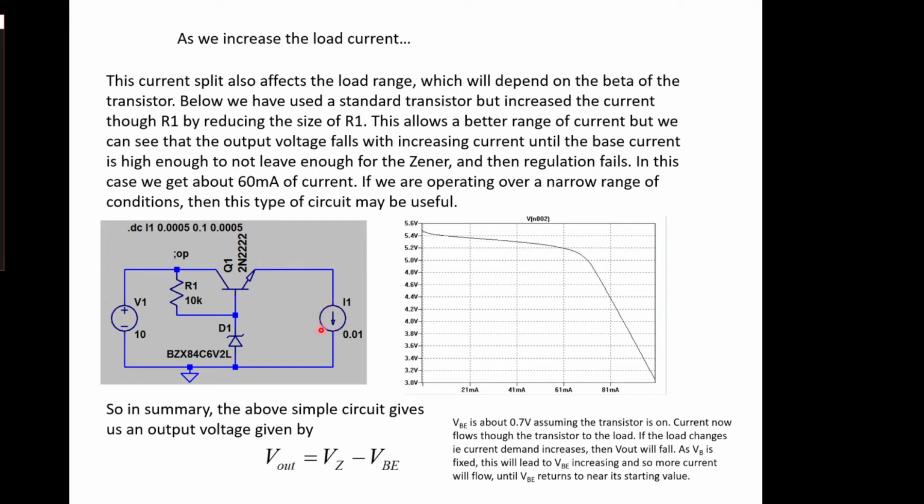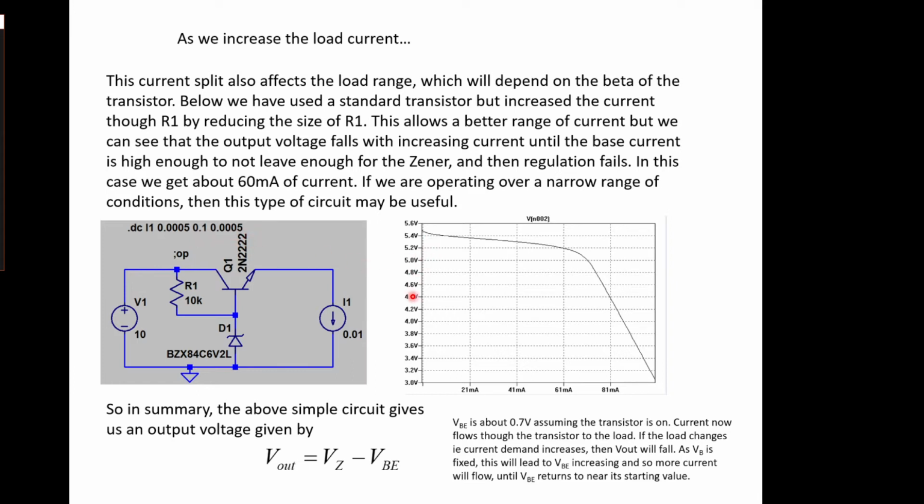In this case, we've got a current source as our load rather than a variable resistor, because it's just more convenient to be able to sweep that. We can sweep that current source from 0.005 amps up to 0.1 of an amp, so 100 milliamps, in steps of 0.005.